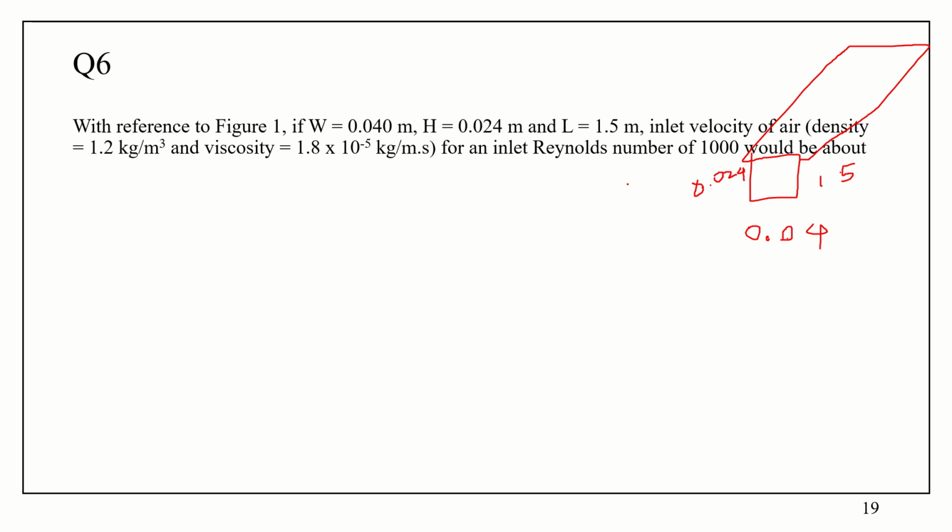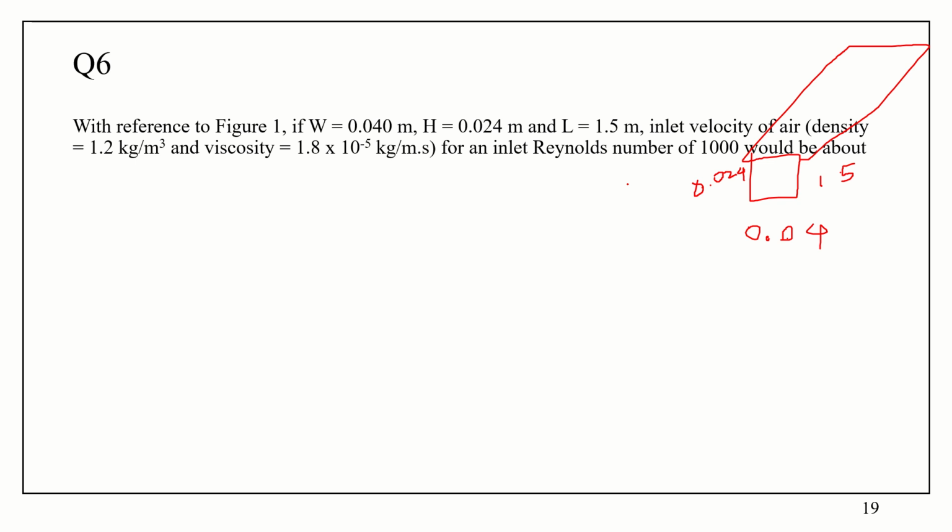The Reynolds number formula is Re equal to rho v d by mu. We know rho, we need to find v, we don't know d, and mu and the Reynolds number are given. If we substitute everything in that equation, we will get the value of inlet velocity of air.